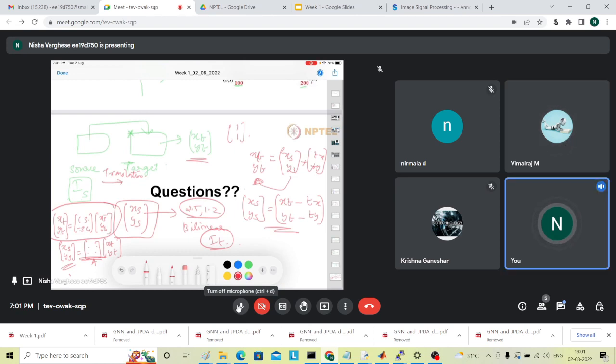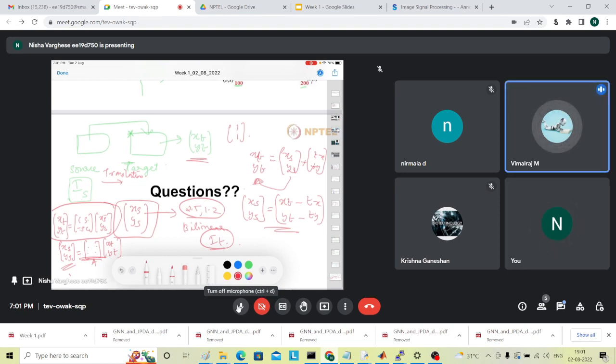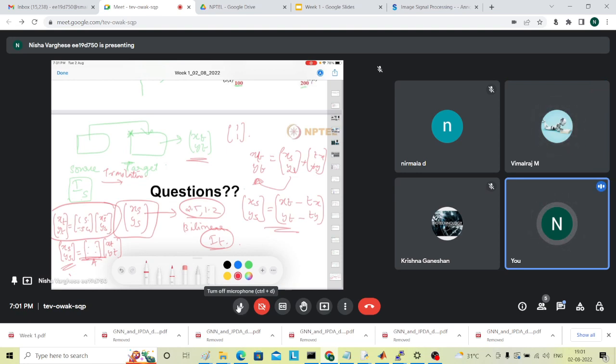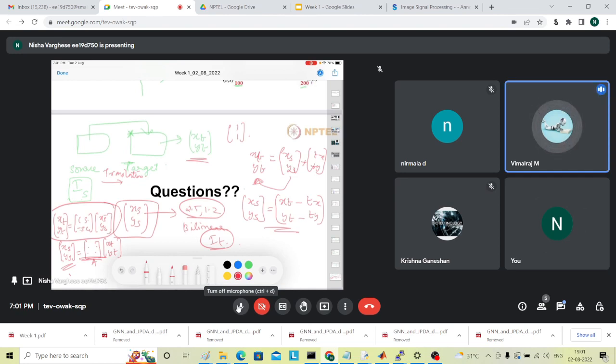So what is the output with that sharpness measure for every image? It varies, ma'am, because some are over-brightened and some are low-brightened images. Which sharpness measure did you use? UIQM, ma'am, underwater image quality measure.